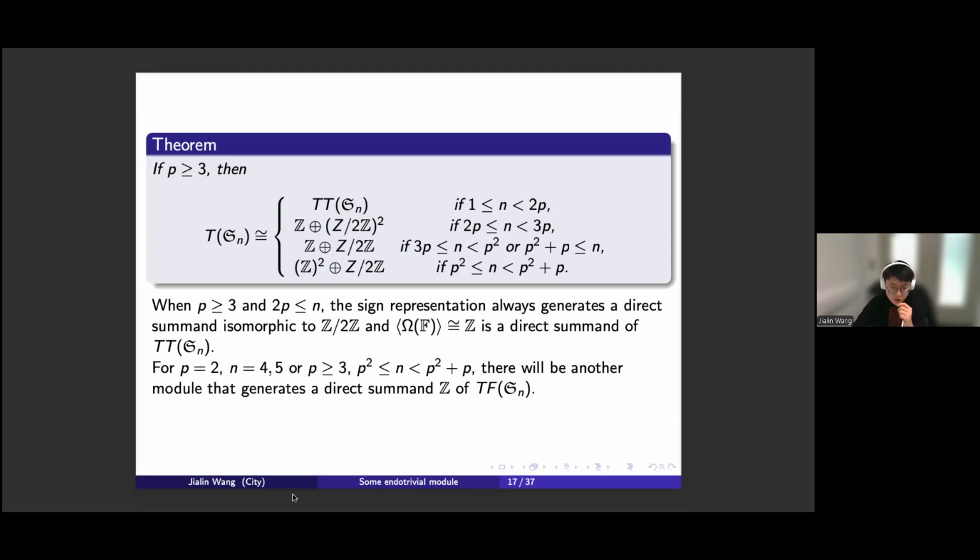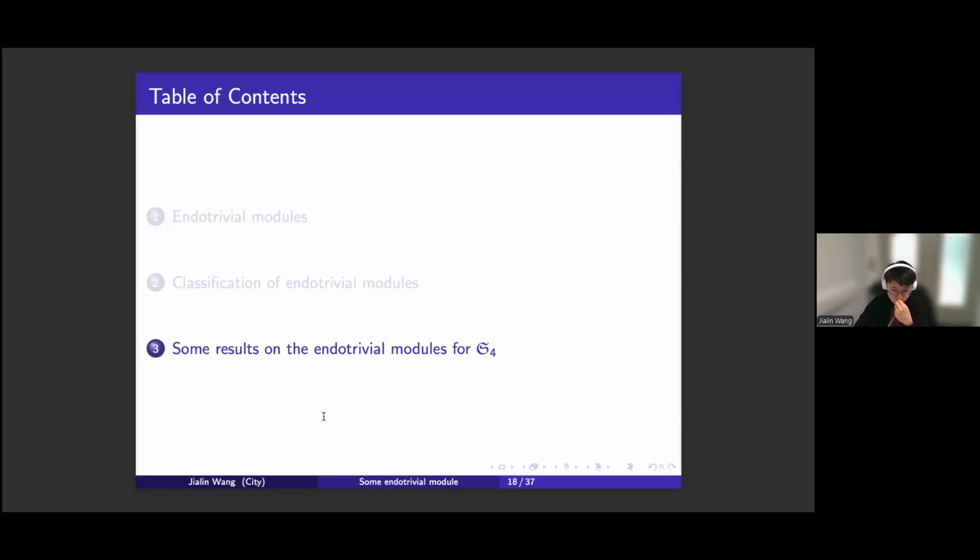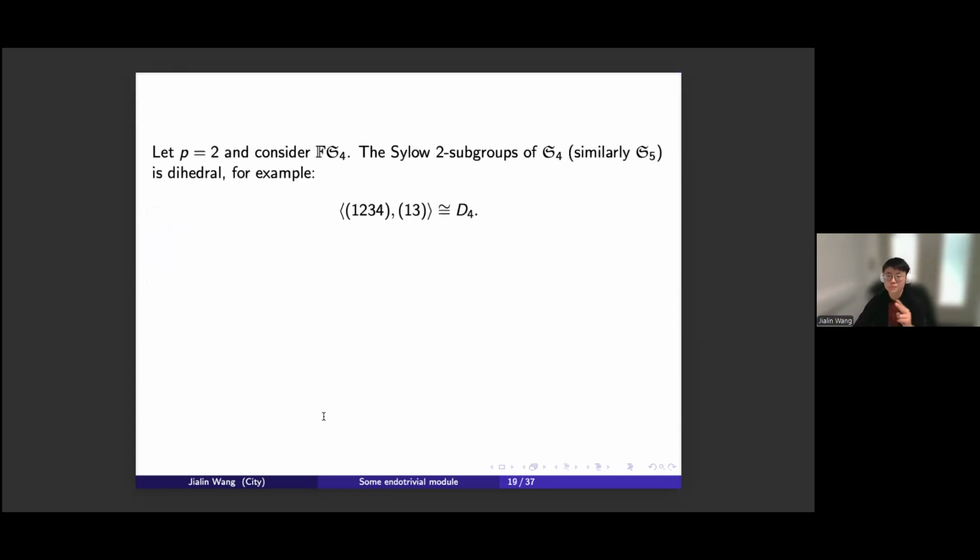Okay, so I'm going to take the smallest one in all these cases, where p is 2 and n is 4. So I'm going to look at this endotrivial module for S4 in characteristic 2. Consider the group algebra FS4.